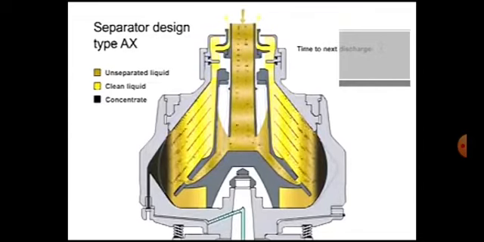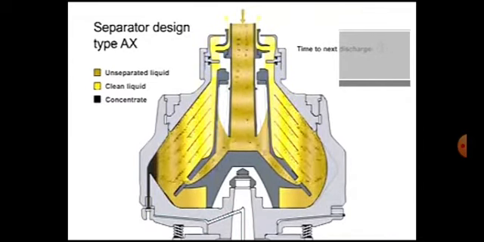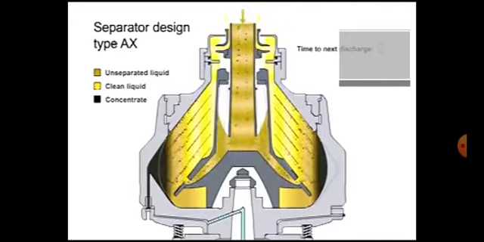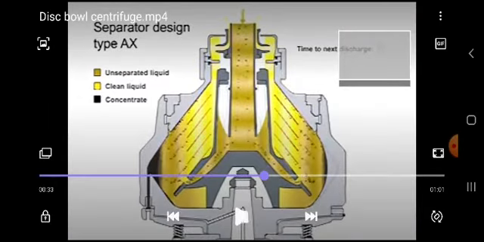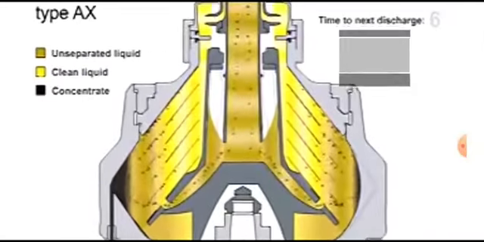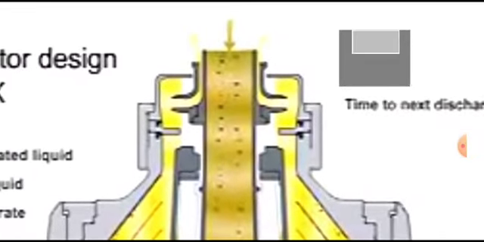This animation shows that the solids are then discharged from the bottom. You can see it gathering, and now it is getting discharged from the bottom. Yes, like this. And the clear liquid is coming out here.